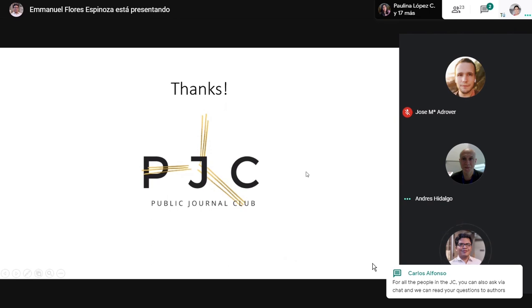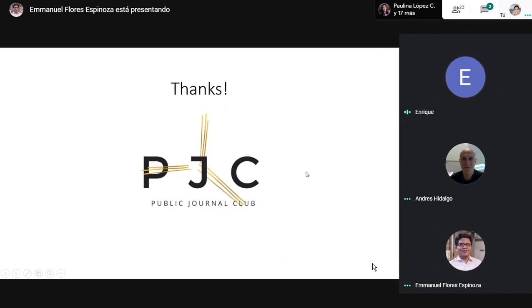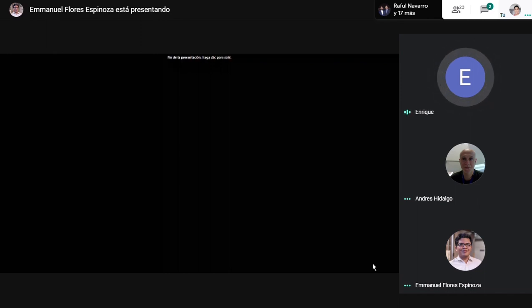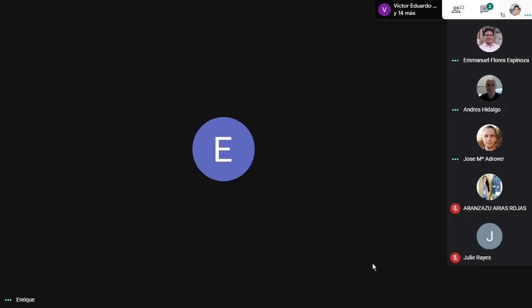Okay, I have a question. When neutrophils lose their granules, is the content of these granules released to the circulation? That's a good question.